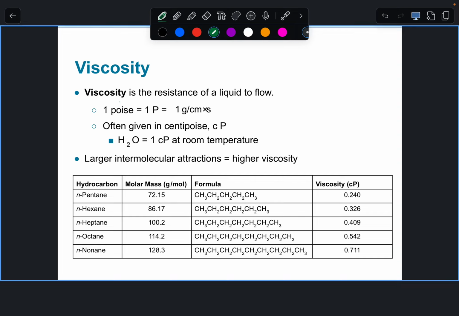This definition in words I actually think is pretty helpful: the resistance of a liquid to flow. So think of a liquid in a container where it's in basically as small of a surface area as it could be, like in a ball shape, or the shape of the container, a cup shape.